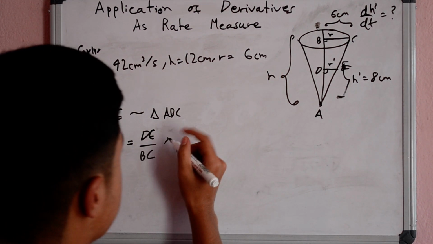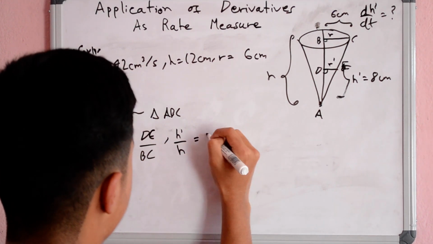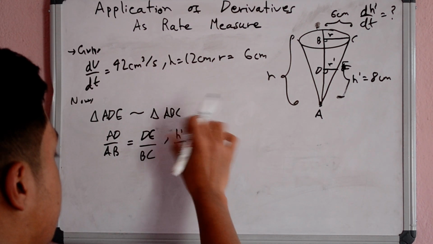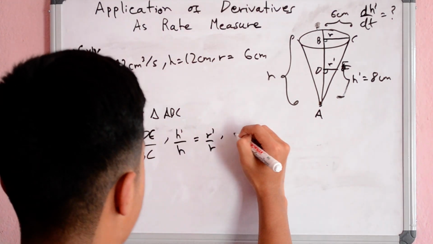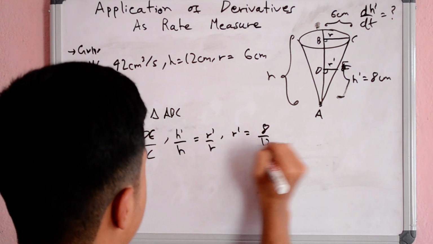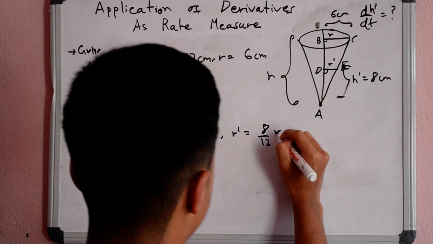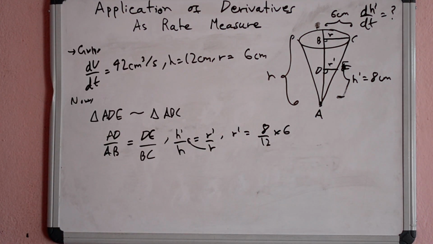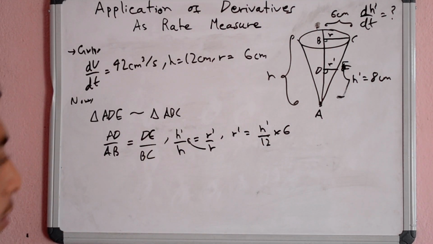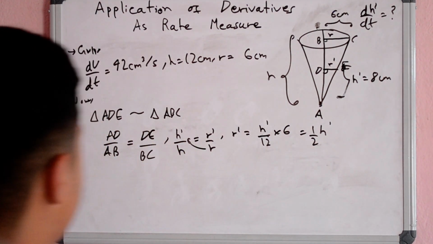So AD, which is the height prime by height, is equals to radius prime by radius. Now here let's find the relation of radius prime to height. So we have radius prime is equals to height prime, which is 8, height, which is 12, and radius, which goes up, into 6. Well, actually we need to find the relation between radius prime and height, so let's just not write the value for now. So this is equals to 1 by 2 of h prime.